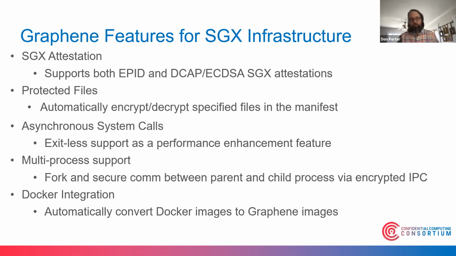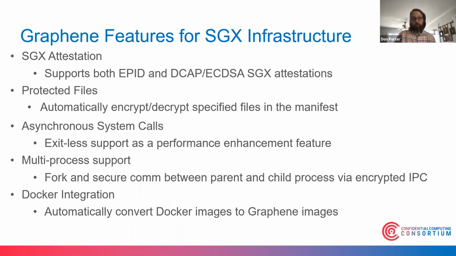As I mentioned on the previous slide, we support protected files, and I should say at 3 levels. You can specify that a file is either untrusted, which means you can read it and write it in plain text. You can specify that it's trusted, which means that it's integrity checked with plain text, or protected, which means that it's transparently encrypted and decrypted.